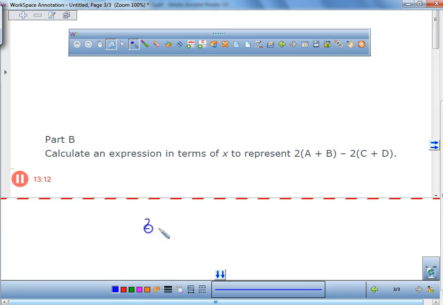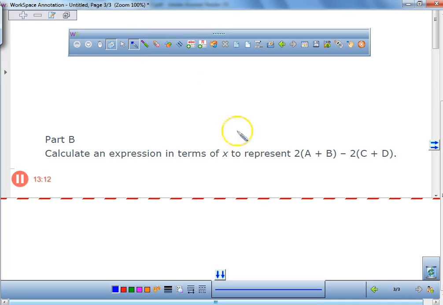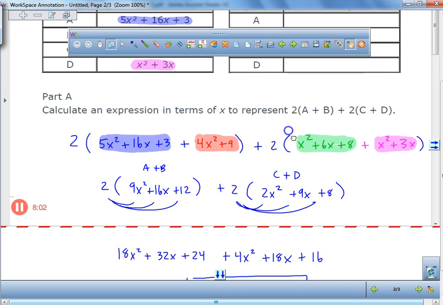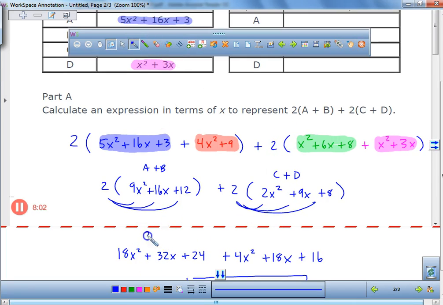So we have 2 times. Now, have we already found double a plus b? We've already found double a plus b, haven't we? Correct? So this right here represents 2 times a plus b.